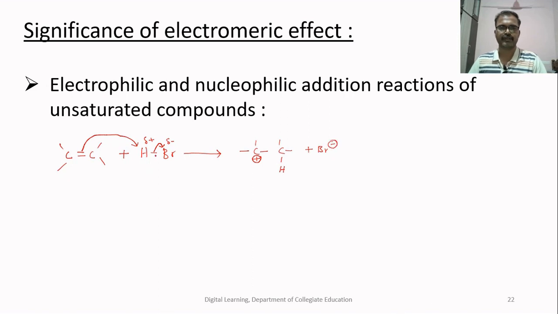Here the reagent approaches the substrate, thereby the transfer of pi electron takes place to one of the carbon atoms and results in a species of positive charge. This is what you can observe as positive electromeric effect. Then this Br minus links to the carbocation to give the respective alkyl bromide.